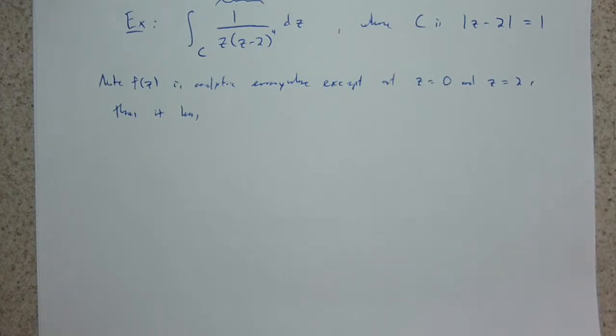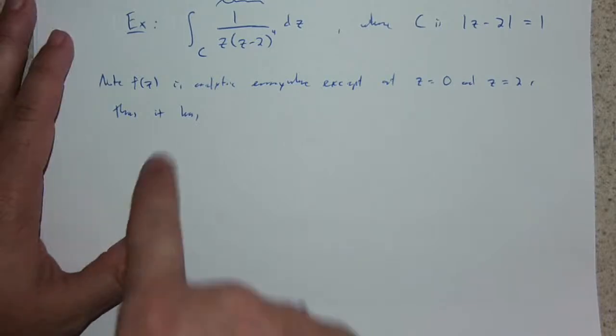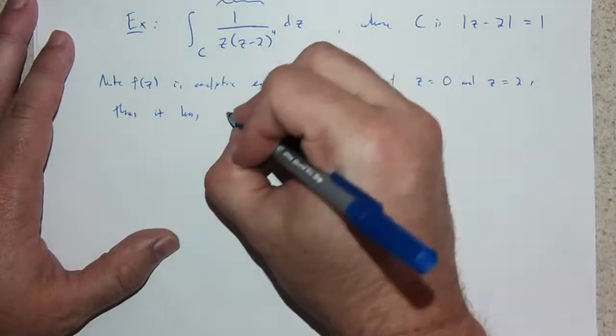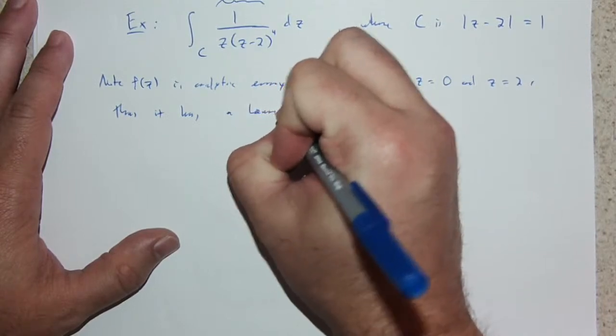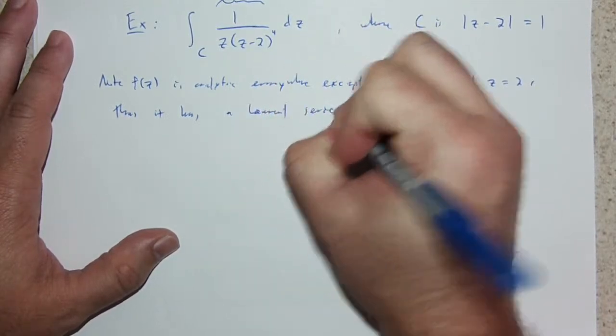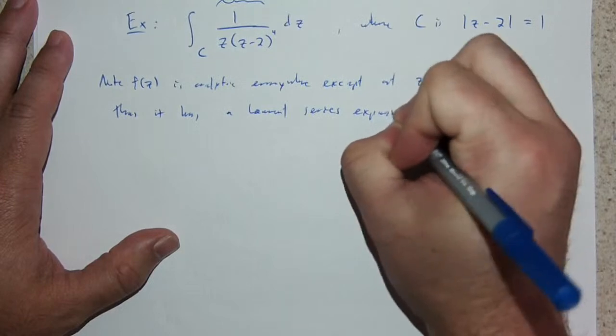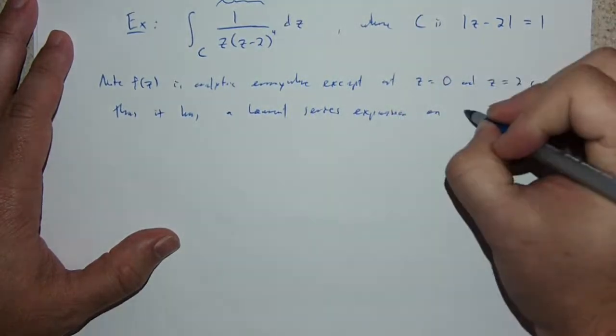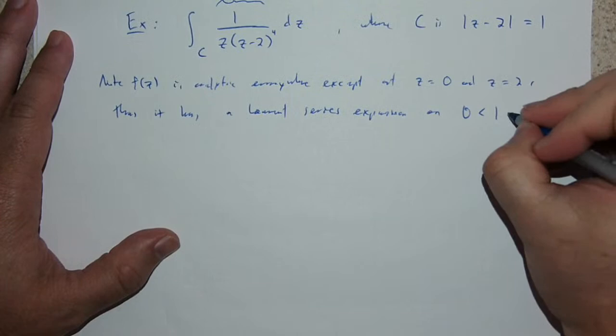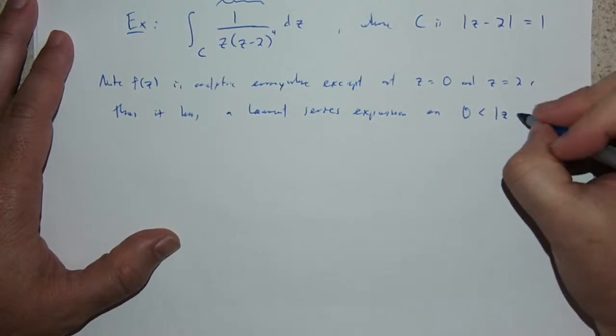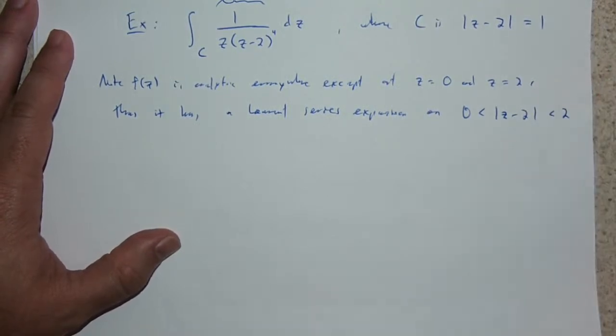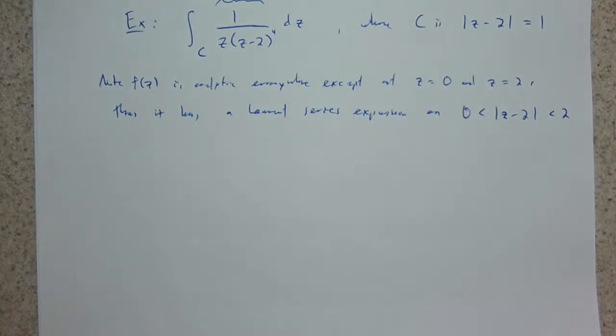It's a punctured disk centered at 0 of radius 2. So it has a Laurent series expansion on the following punctured disk, centered at 2 of radius 2.